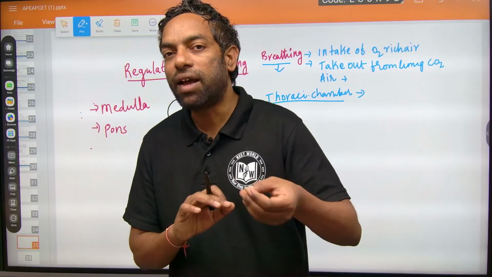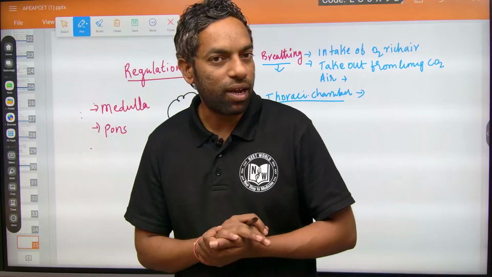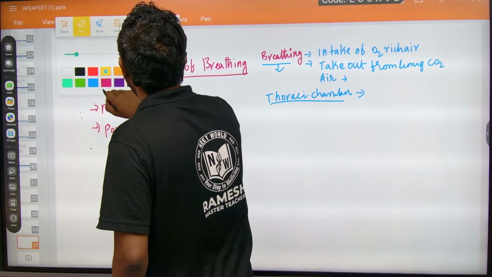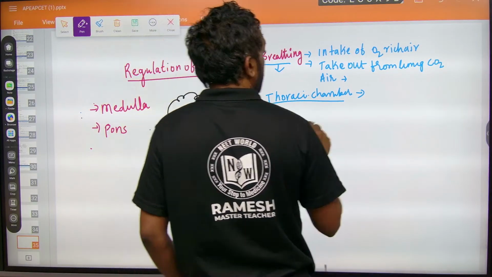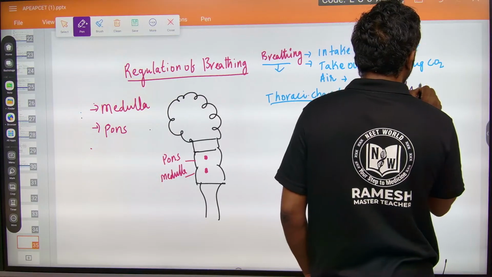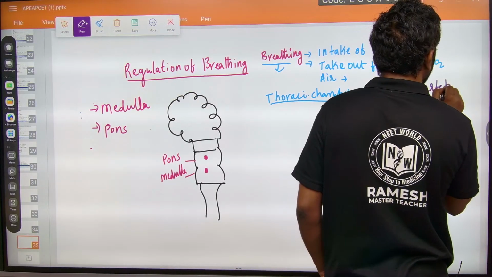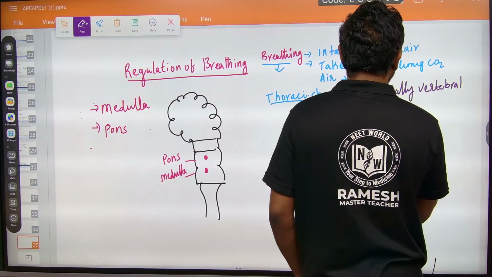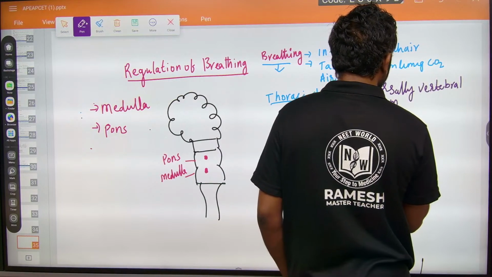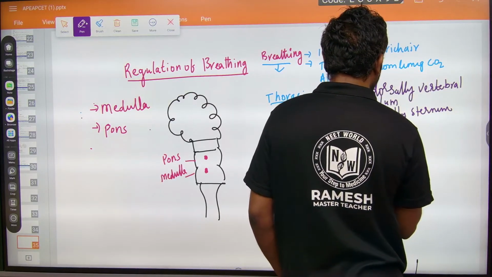There are muscles: the diaphragm in the lower part and the intercostal muscles in the ribs help with breathing.